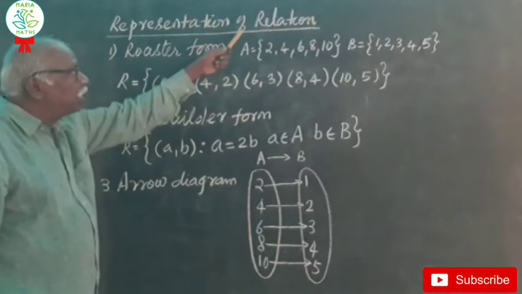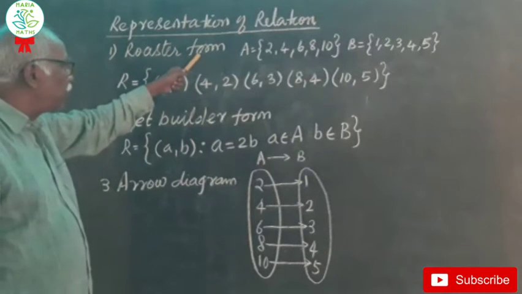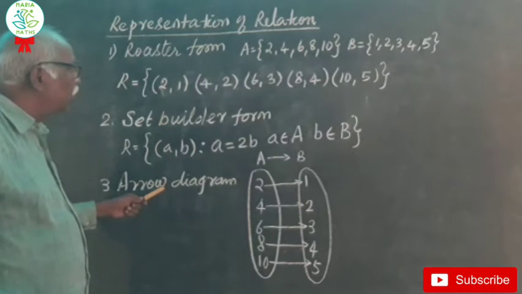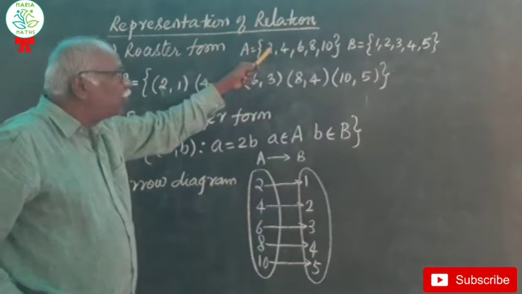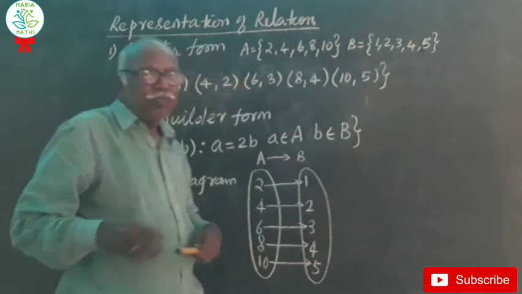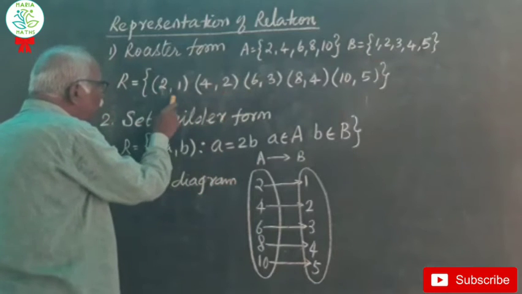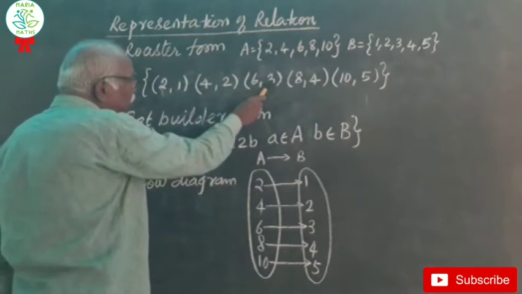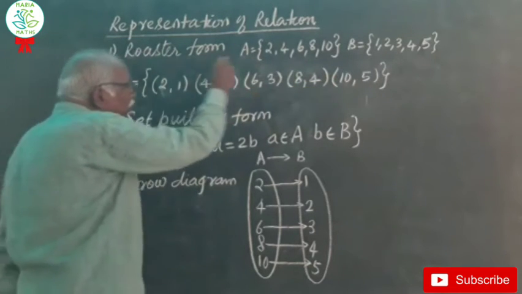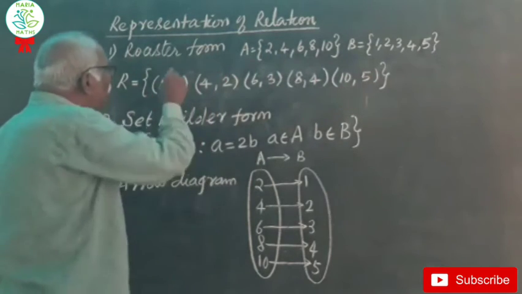Representation of a relation. A relation can be represented in three ways: one, in roster form; two, in set builder form; three, by an arrow diagram. Consider the set A = {2, 4, 6, 8, 10} and set B = {1, 2, 3, 4, 5}. We are taking a relation from A to B. The ordered pairs are (2,1), (4,2), (6,3), (8,4), (10,5).